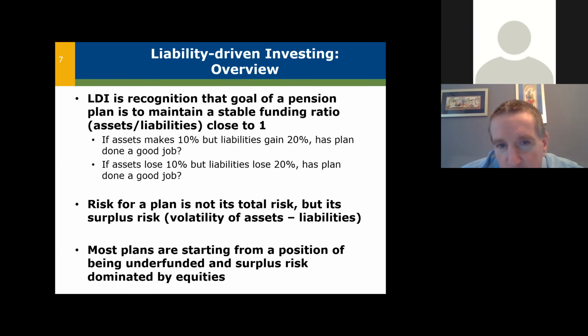Another more tricky case is if we've lost 10%, but liabilities lost 20%. Have we done a good job? The theoretically correct answer is absolutely yes. The more difficult answer is that people are still not going to be happy with that. They will not recognize that you did better than the liabilities.